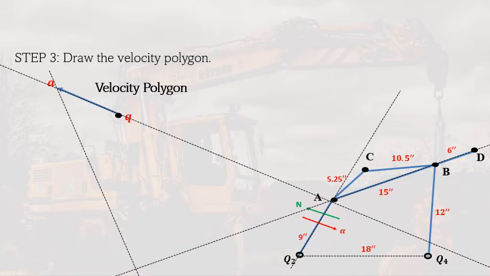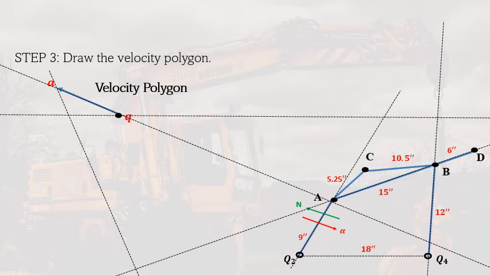This is the direction sense of the relative velocity of B to A. The good thing now is that we know the direction of B. That's the reason why we select a point whose direction of velocity is known. So we draw again a line connecting Q4B, and perpendicular to that line is the direction of the velocity of B. Therefore the velocity of B is the intersection of the two lines that we have drawn earlier.